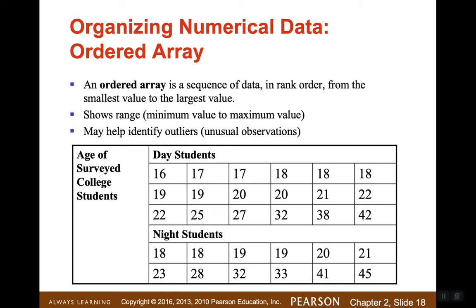You really want to determine that, and if it's bad data, then maybe you want to go back and do some more cleaning and filter out values in ranges that would not be representative. So that's all the ordered array is. We simply take all of our values and sort them into rank order.